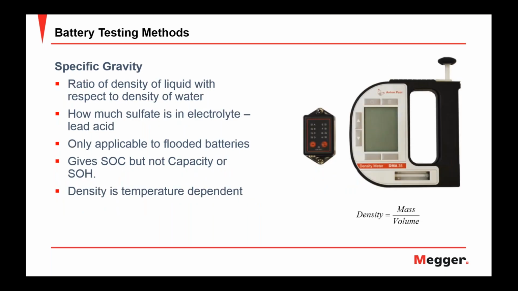Specific gravity. This here is a measurement of the density of the electrolyte as compared to water. So it basically is looking at how much sulfate is in the electrolyte of the lead acid battery. What this is really doing is checking the state of charge of the battery.